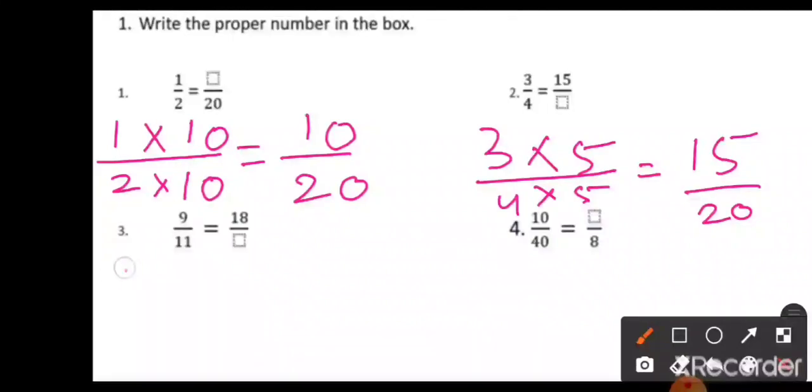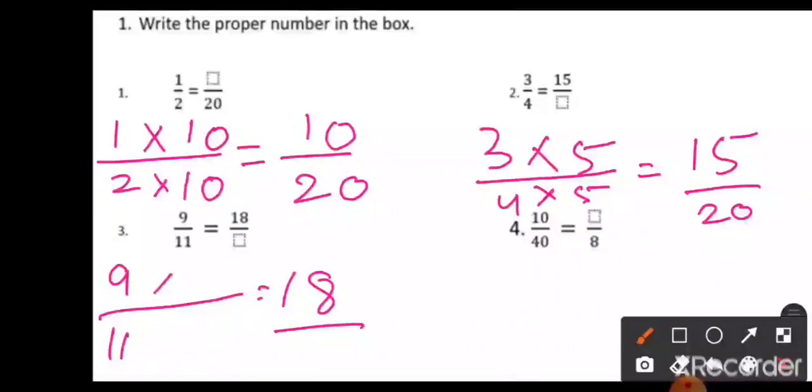Question number 3. 9 upon 11 is equal to 18 upon dash. Again the numerator is given, we need to find out the denominator. Multiply 9. 9 ones are 9, 9 twos are 18. So multiply 9 by 2, so you will get answer 18.